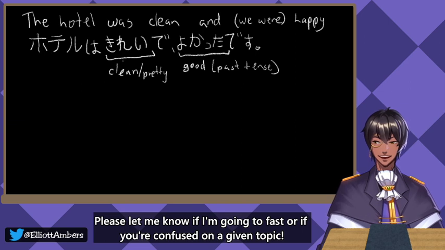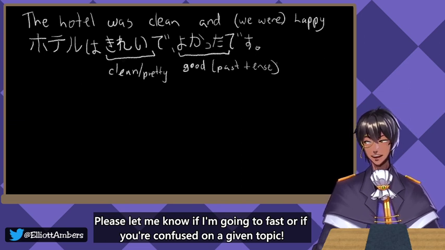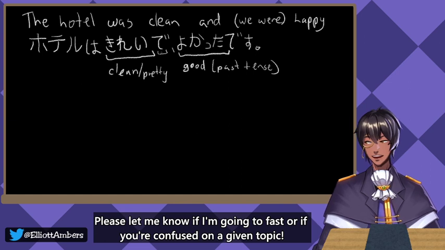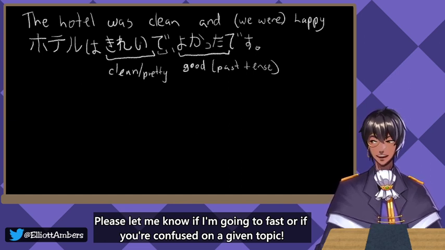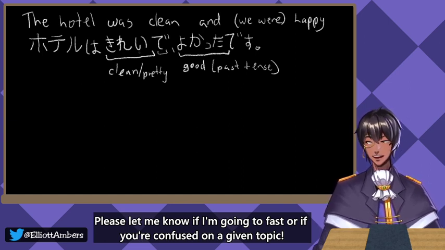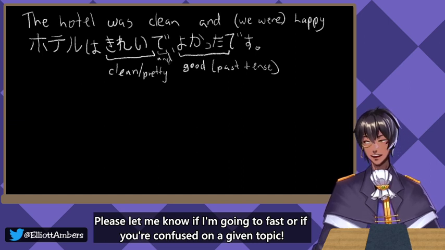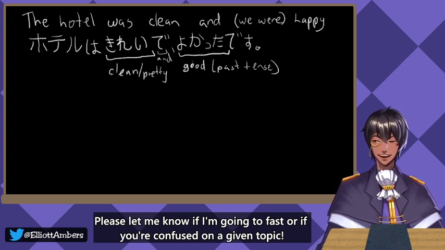Hotel was clean, good. So there's no "and" here. There's no actual word here. Kirei de is the closest thing that we can relate to it. Putting this adjective in that te form, that's our "and." That's what serves that purpose.